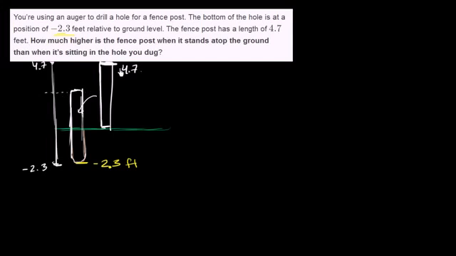They're just saying how much does the top go down when it's sitting in the hole you dug. So it's pretty clear that this distance right over here is going to be 2.3 feet. It's going to go 2.3 feet lower when you stick it into the hole. So the fence post is 2.3 feet higher when it stands atop the ground.